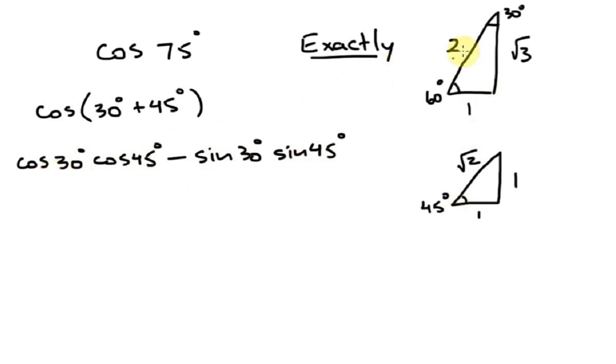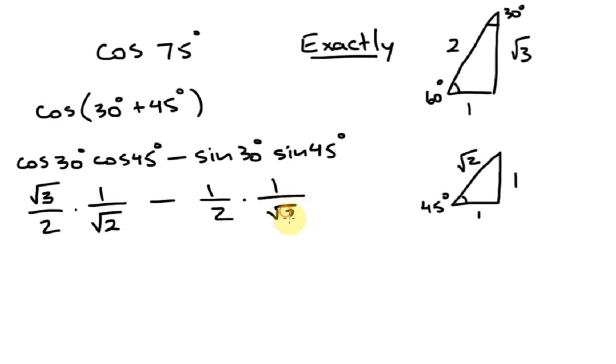Cosine of 30 degrees is root 3 over 2. Cosine 45 degrees is 1 over root 2. Just got to make sure to multiply these together. Minus sine 30 degrees, which is 1 over 2. And finally, sine of 45 degrees is 1 over root 2.